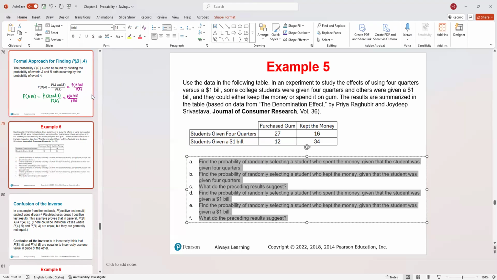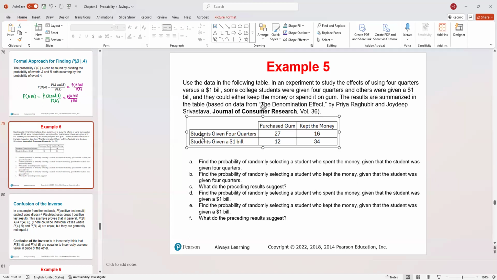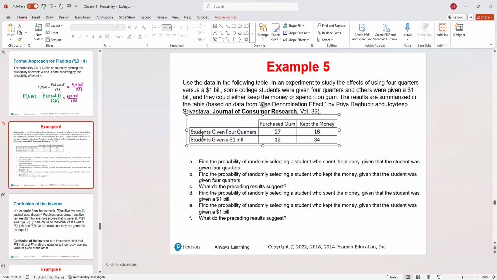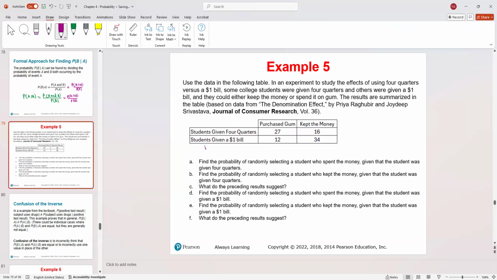Hopefully you can still read it, because I need to make sure that we can do the totals here. So remember, for contingency tables, you must add a row total. Can I do a straight line, please? I add a row and a column total.